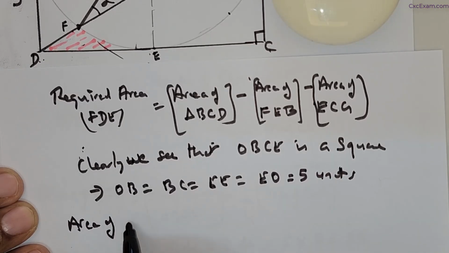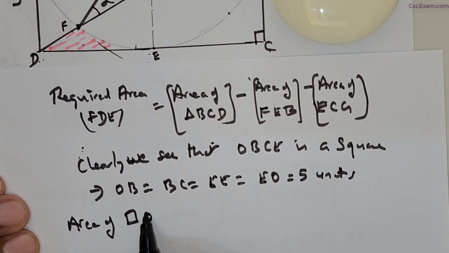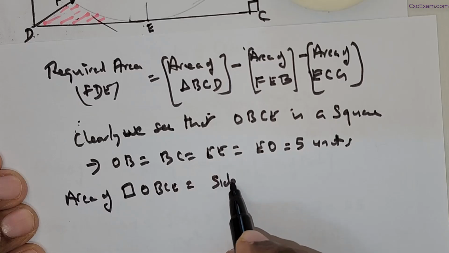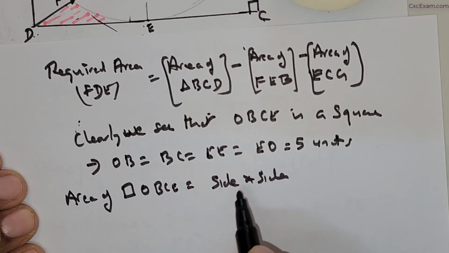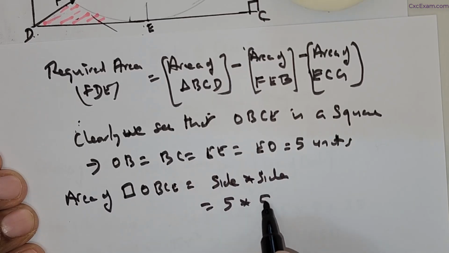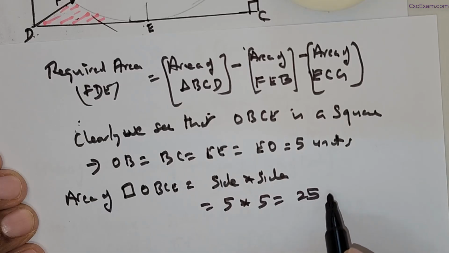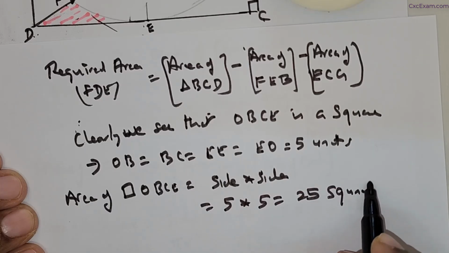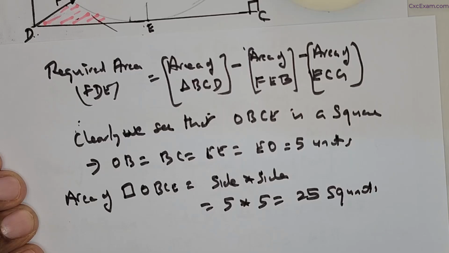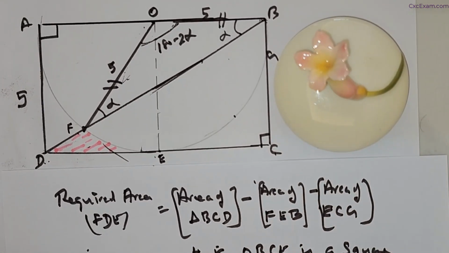So the area of the square OBCE is going to be side multiplied with side, which is 5 into 5, giving me 25 square units. Okay, now let's go back to the figure.